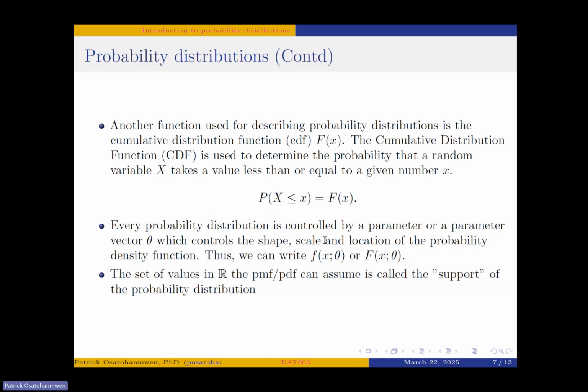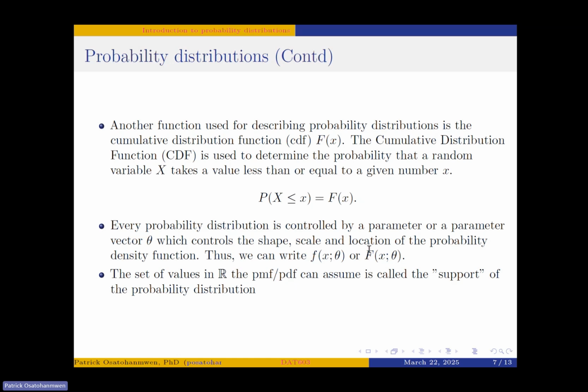But then there is what is called the scale parameter. The scale parameter helps us determine the scaling of the distribution along the x-axis. For example, in the case of the normal distribution, the scale parameter is sigma, which is like the variance or the standard deviation. Then there's what is called the location parameter.